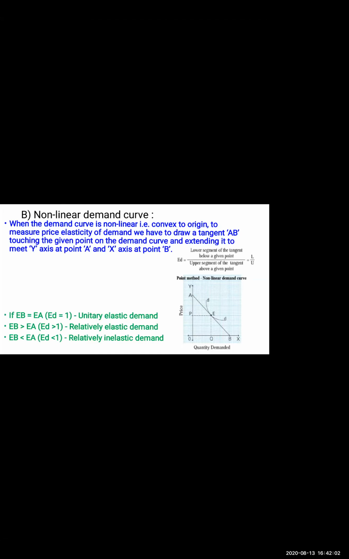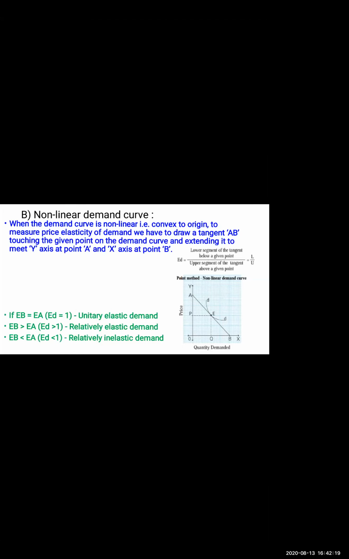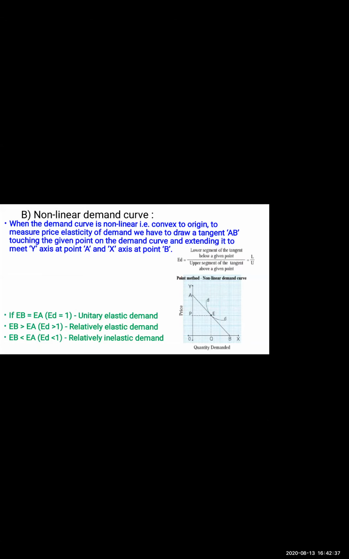We don't have numericals over here. So ED is equal to 1 at the point where EB divided by EA is equal to 1. If we have a point over here, then EB is more than EA. Is the thing clear?